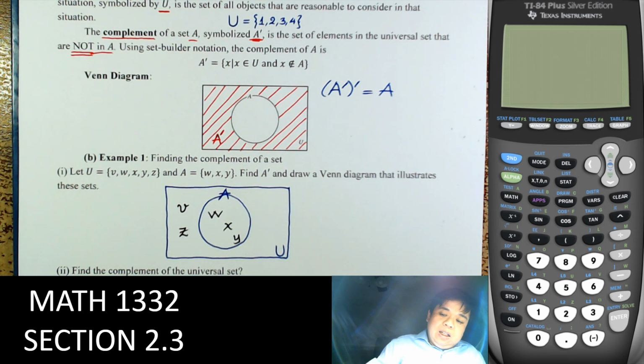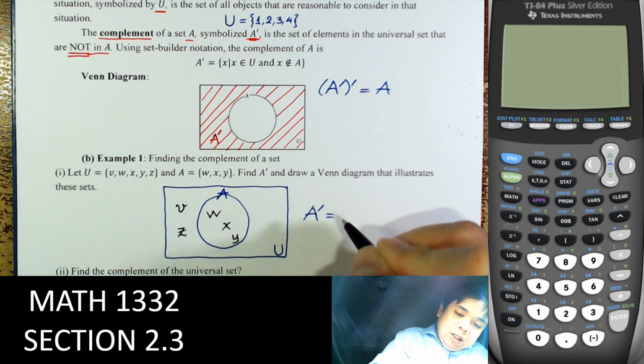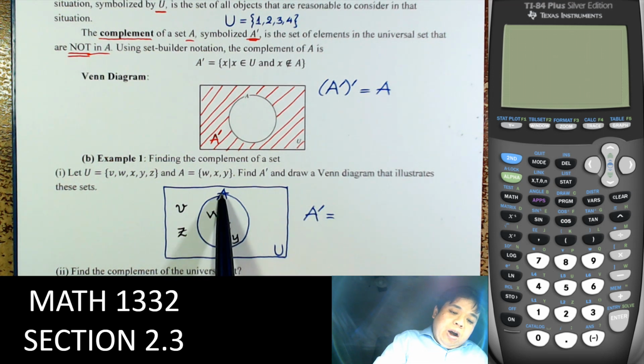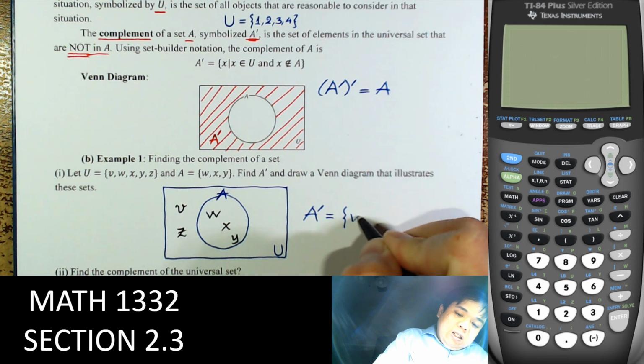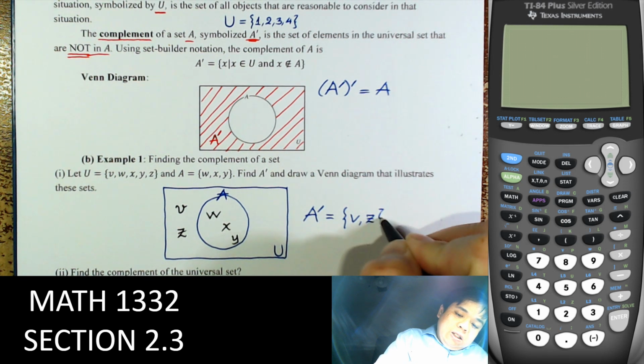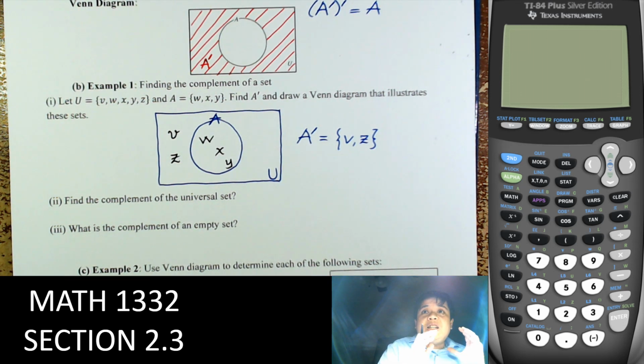Now find A complement. The complement of A is equal to not in A, so it has to be V and Z. Next, what is the complement of the universal set? Everything is in the universal set.